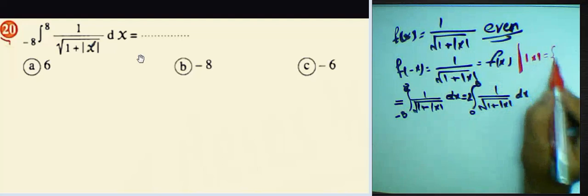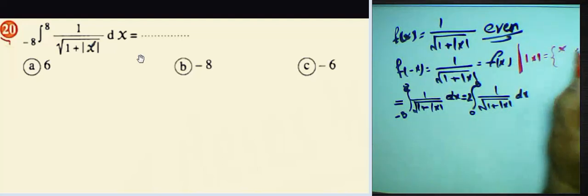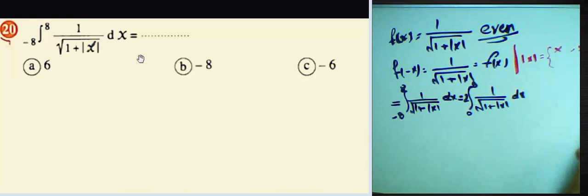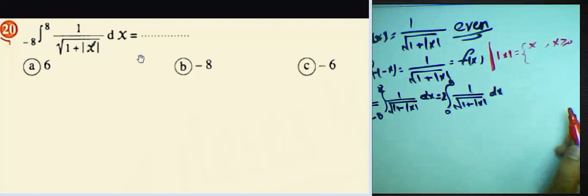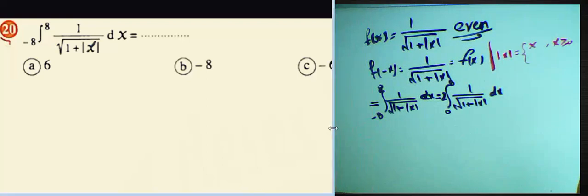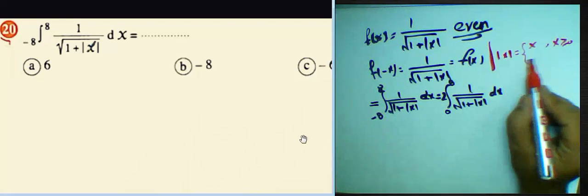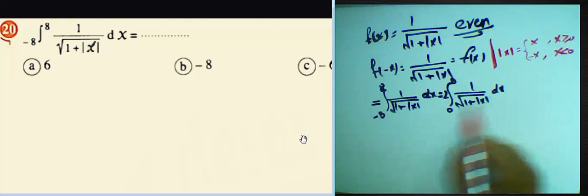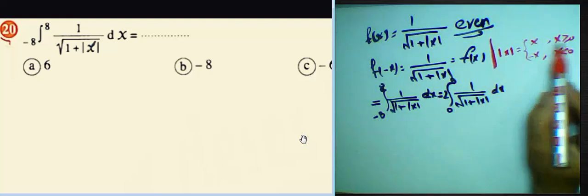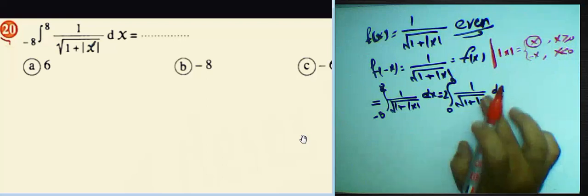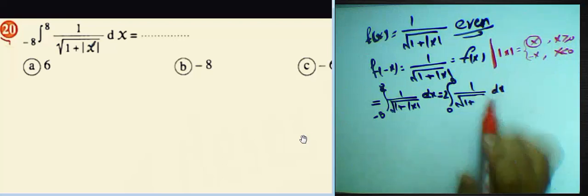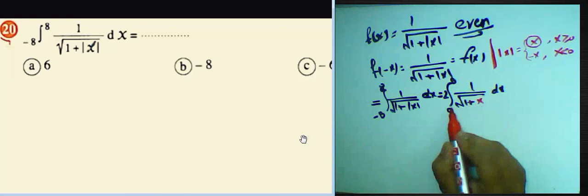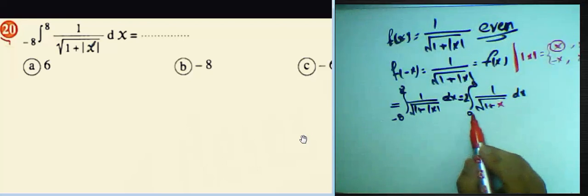We know the absolute value of x is positive x where x is greater than or equal to 0, and equals negative x when x is less than 0. From 0 to 8, x is positive, so we can cancel the absolute value here and write x, because the interval is from 0 to 8.